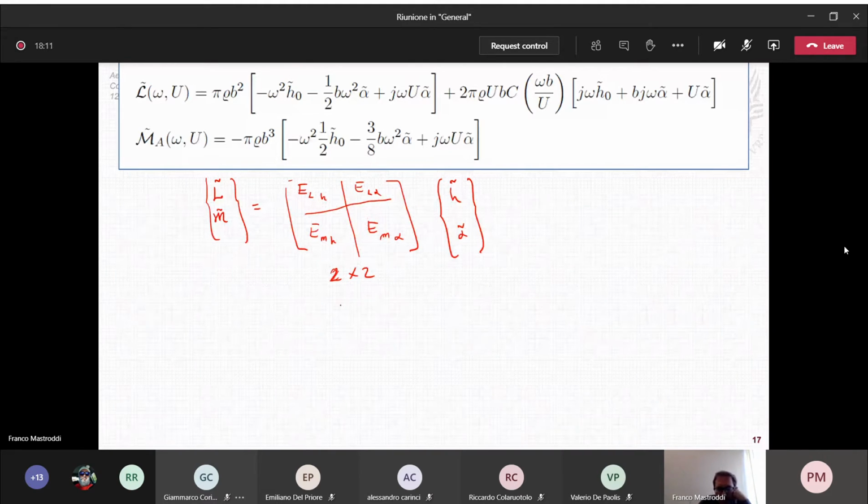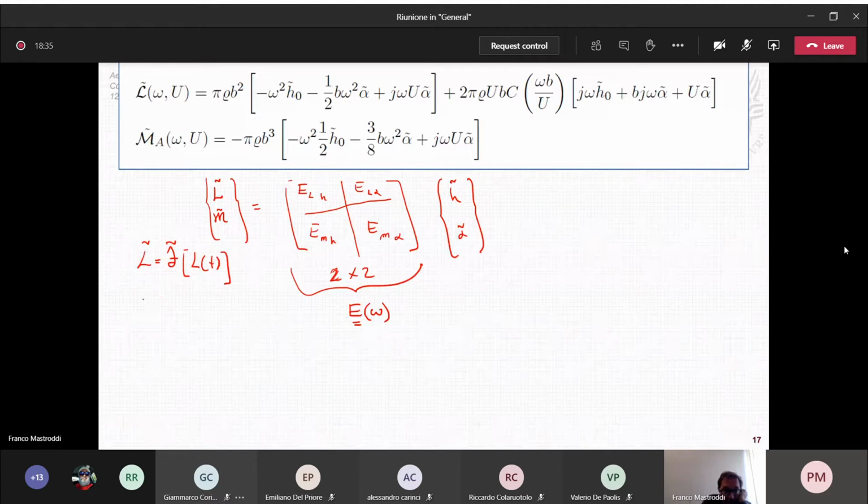This is an overall frequency-dependent matrix giving us this vector, which is the vector of Fourier transforms of the lift. This L tilde is the Fourier transform of the lift time function.